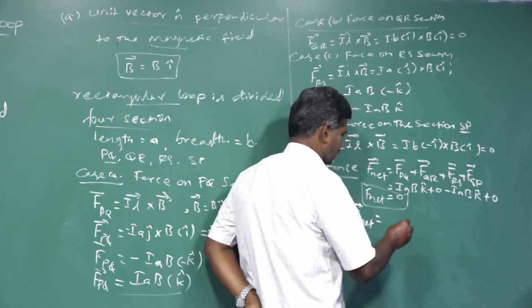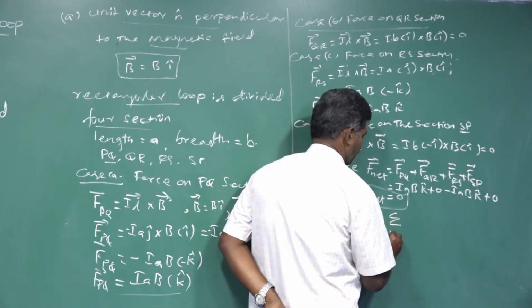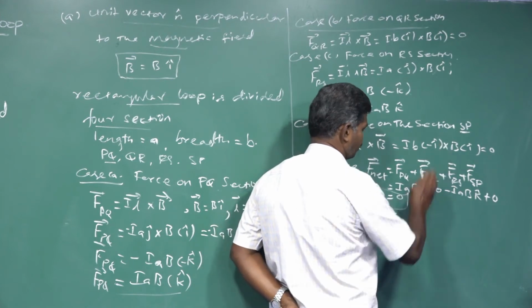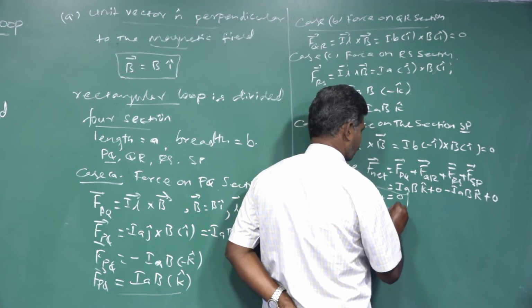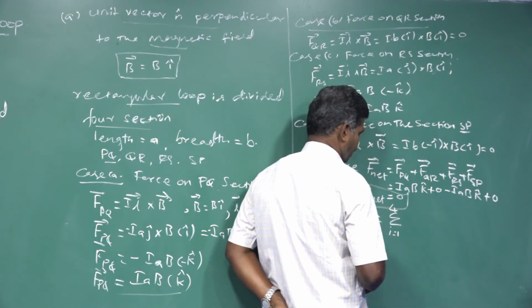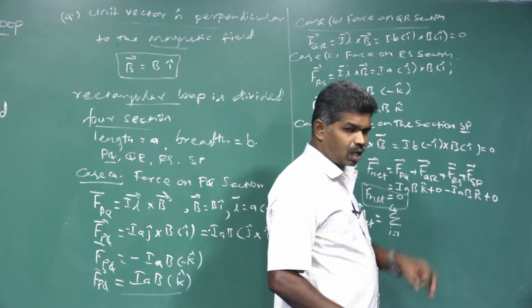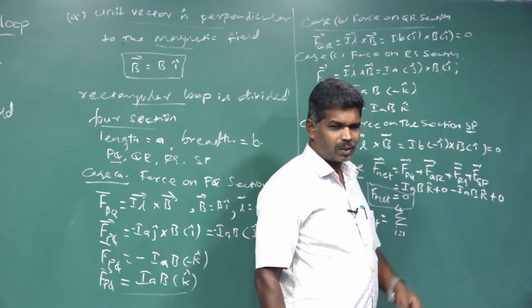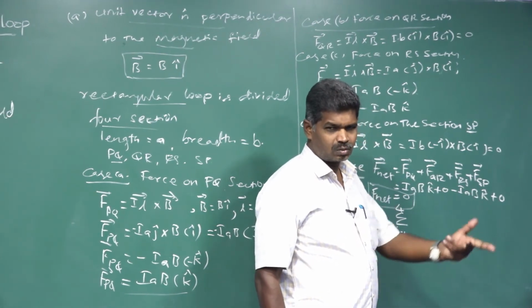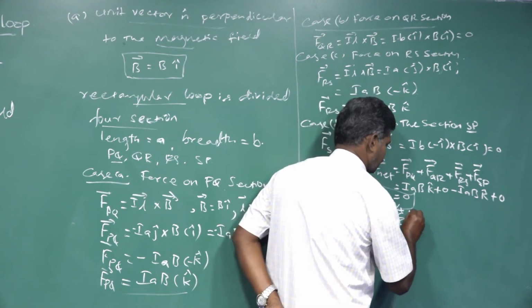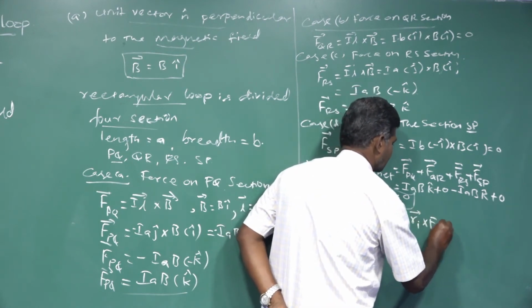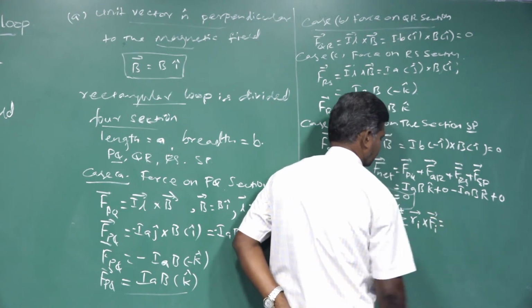That's why total torques, summation symbol, I is equal to 1 to 4, since we are mentioning 4 sections. And we have the torque formula, perpendicular distance into one of the force. That's why it is Ri vector cross Fi vector.